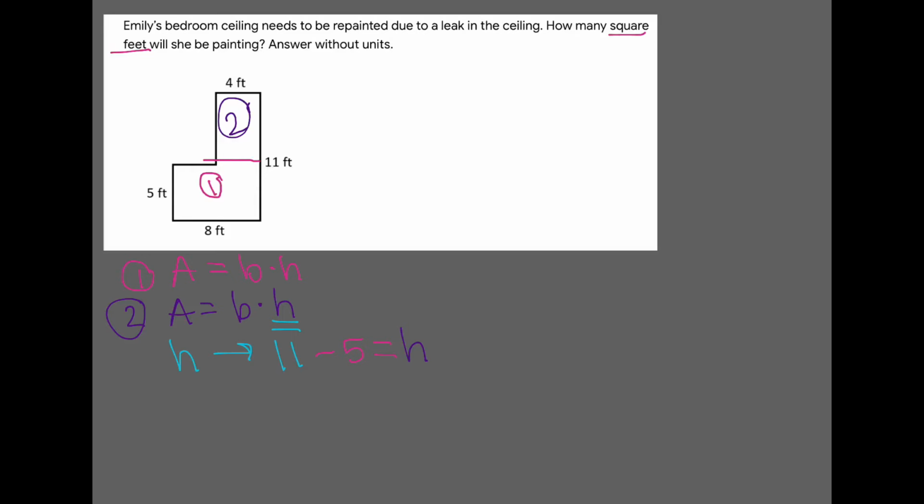And then after you find the height or the area of shape 2, your third step is going to be to add your area of shape 1 plus your area of shape 2, and that's going to give you the total area.